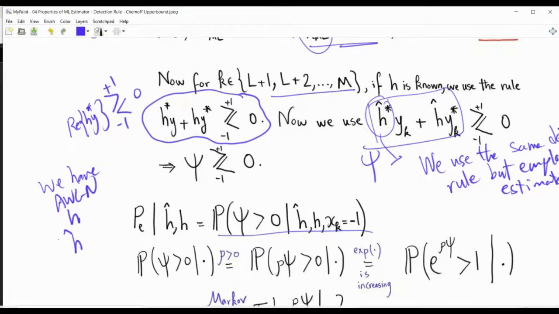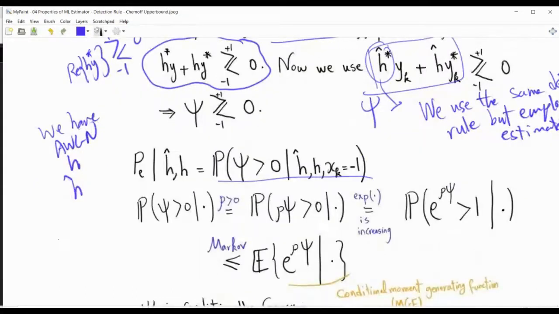Then after that we'll say, no, H is a random variable, H hat is a random variable, and let's use their distributions to obtain the average probability of error. Now, the Q function.